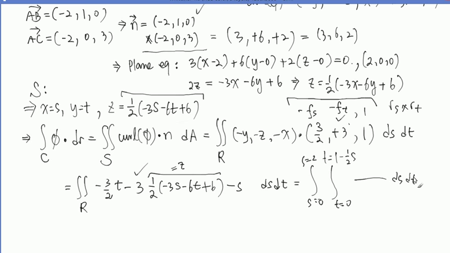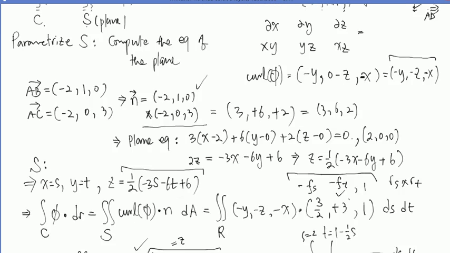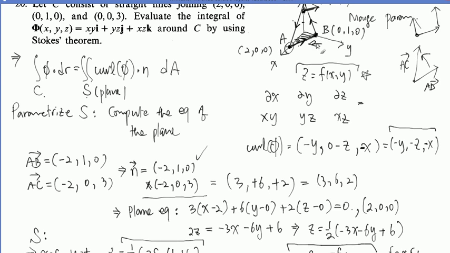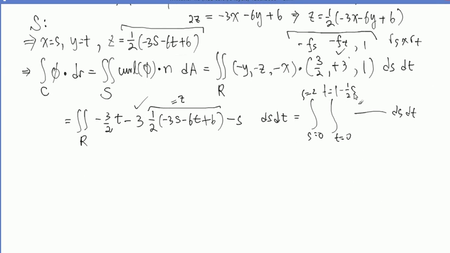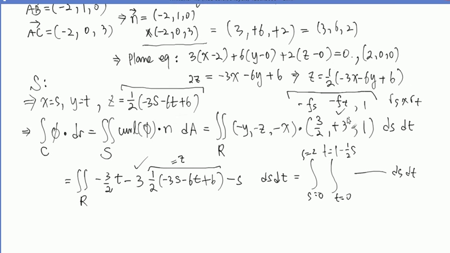Remember how the double integral breaks down when the region is not rectangular? I believe the line down there is y equals 1 minus half of x. So I use that 1 minus half of x now to do this integral. This is the double integral with a non-rectangular region.